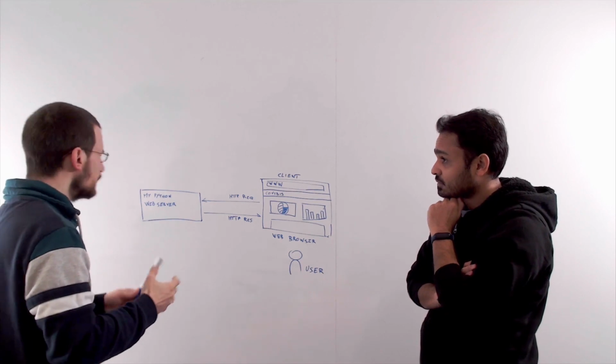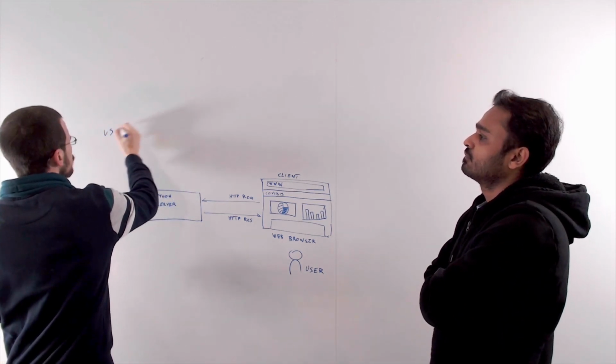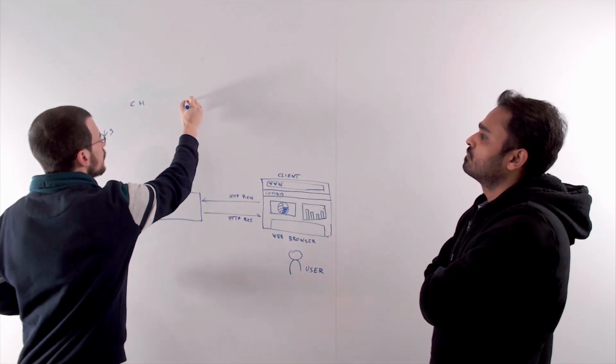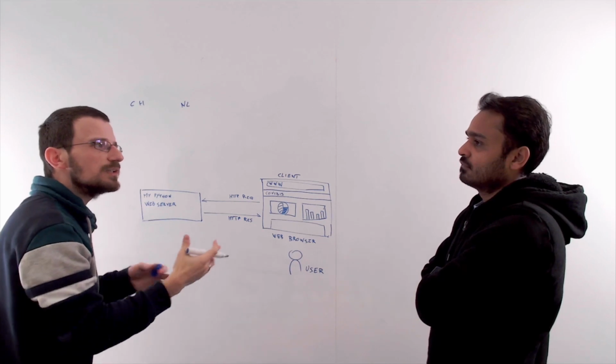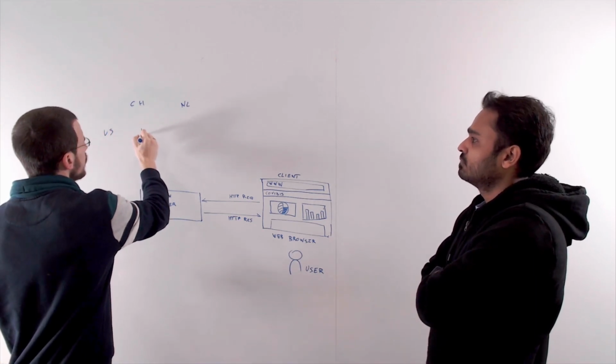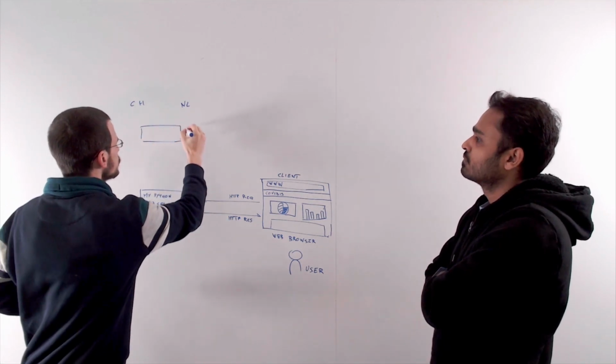Another server? Okay. So let's say we have the US, we have China, we have the Netherlands. All these countries are producing these numbers, collecting this information, and we have some services, web services.